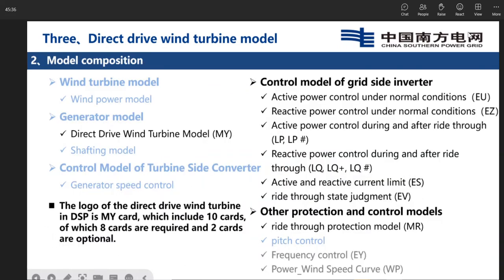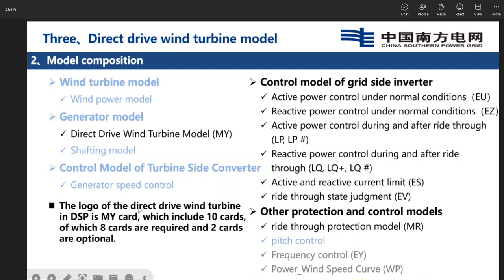You can see there are a lot of cards to describe the direct drive wind turbine model, but only the mechanical part is different from DFIG. The control part, the active and reactive power control, frequency control, and the ride-through and any control under the ride-through period, are the same as the DFIG.